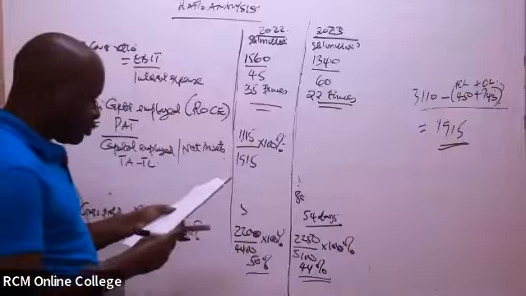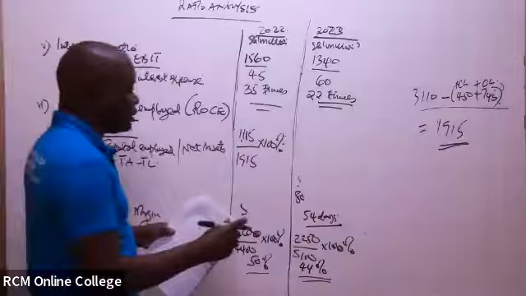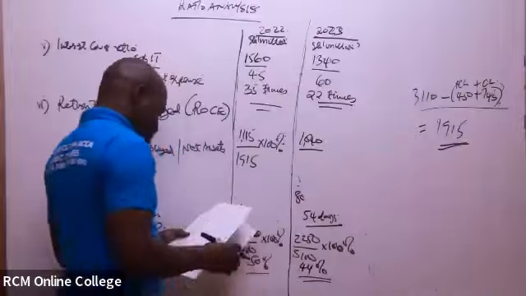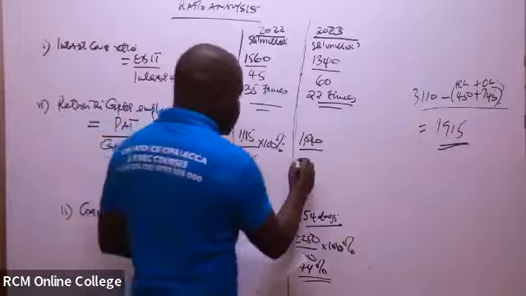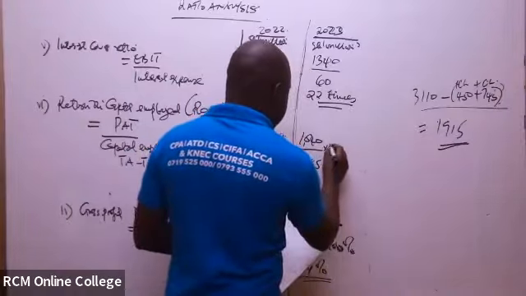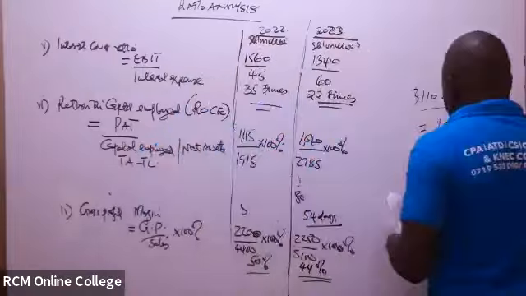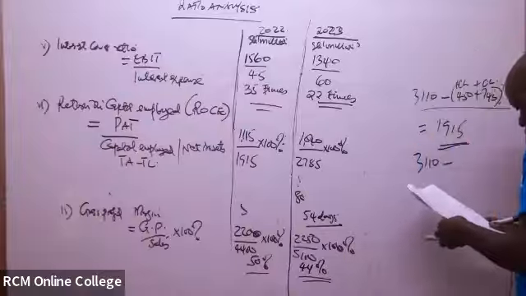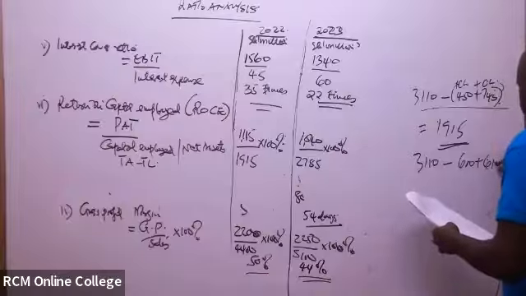So you go to the year 2023. The profit after tax in this case is 1040. You divide by the capital employed, which will be 2785. Multiply by 100%. Alternatively, you can say 31,110 minus 600 plus 610.